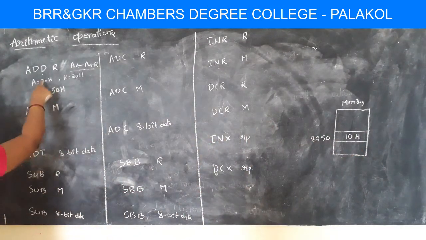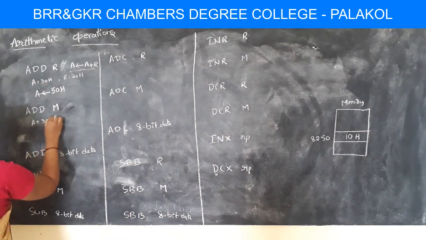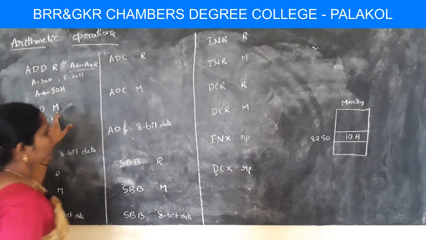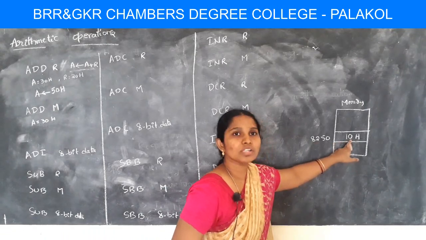Here the accumulator is 30H, so A is equal to 30H. The contents of this address location are 10.